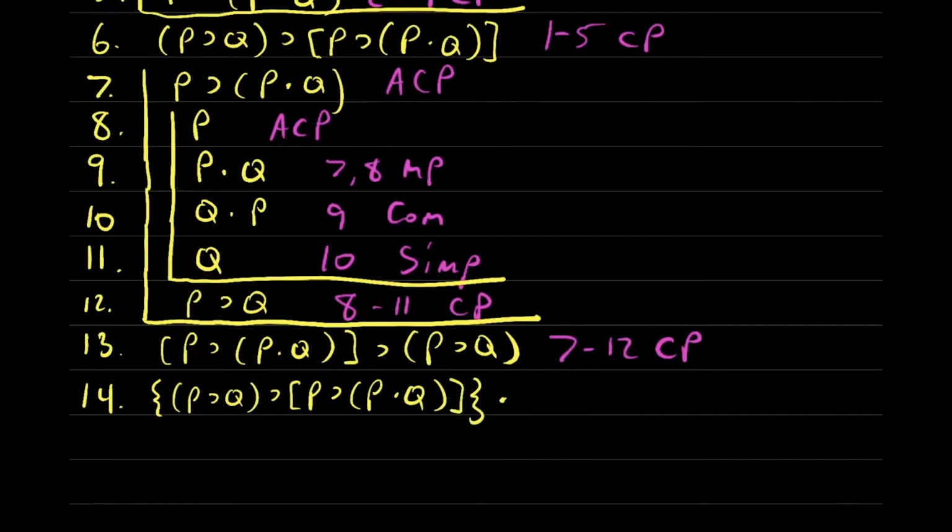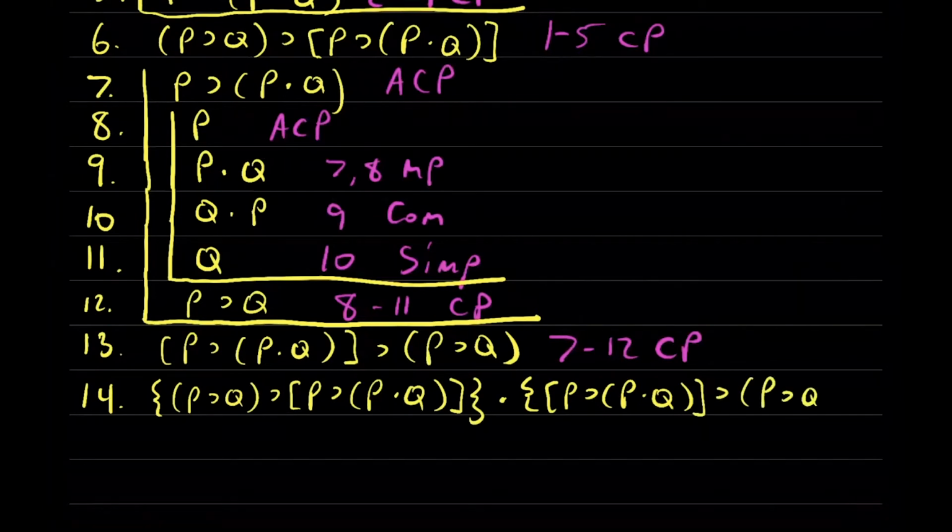And the one from line 13. So introduce a curly brace. Inside a bracket, P implies P and Q. All I'm doing is copying line 6 and 13. Don't forget your brackets and punctuation marks. Implies P implies Q. And end that curly brace. Now that follows from line 6 and line 13 by conjunction.